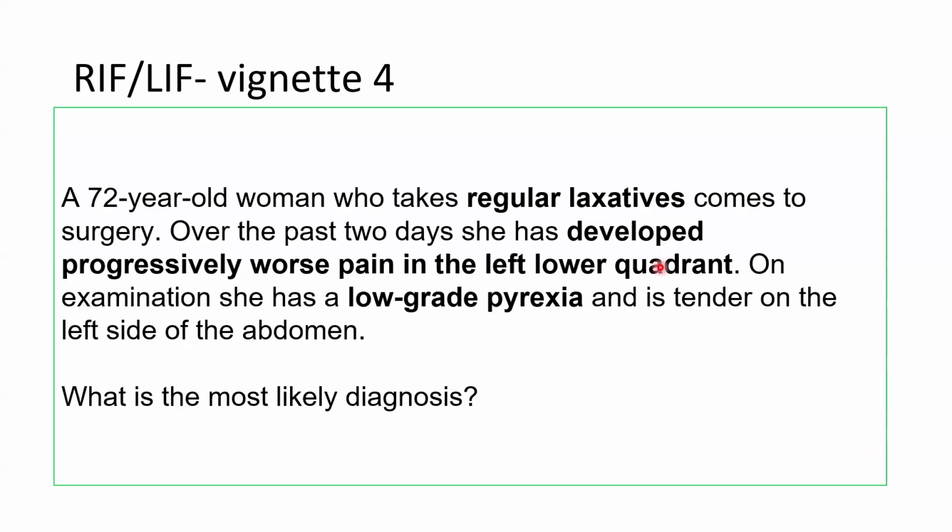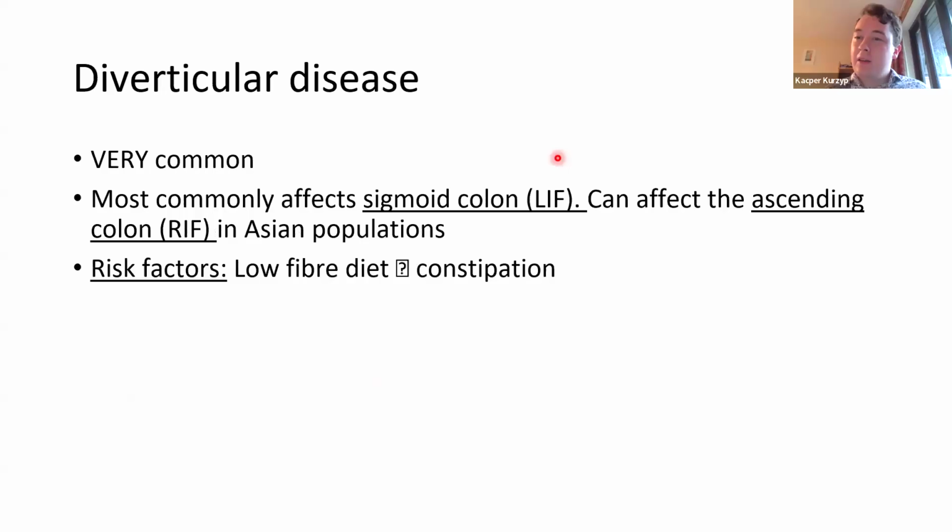Diverticulitis? Very well. It is indeed likely diverticulitis. Now let's talk a bit more broadly about diverticular disease in a broader sense. Diverticular disease is extremely common. It will typically affect the sigmoid colon.